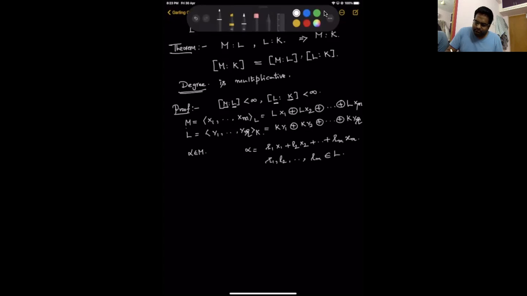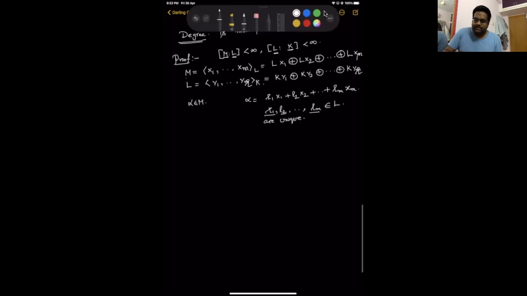This is the crucial part. They are unique for a given alpha, and that follows from the definition of the basis.